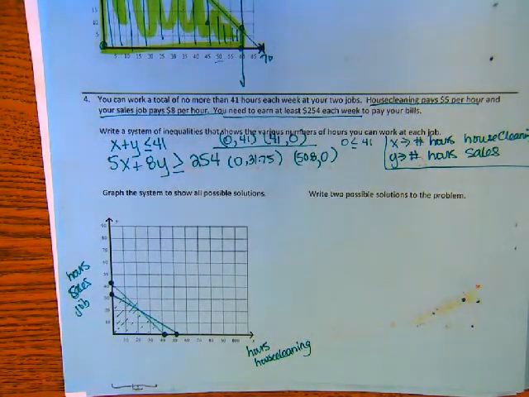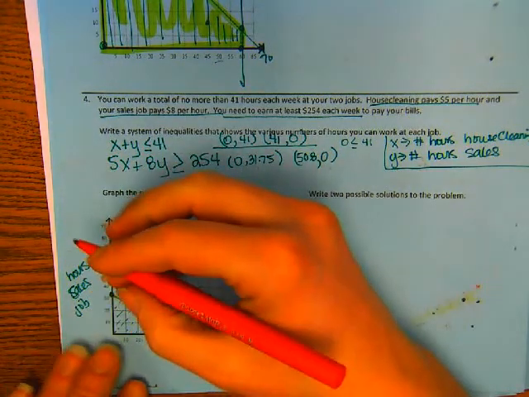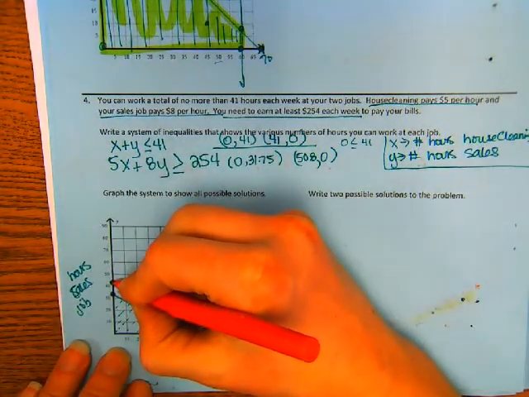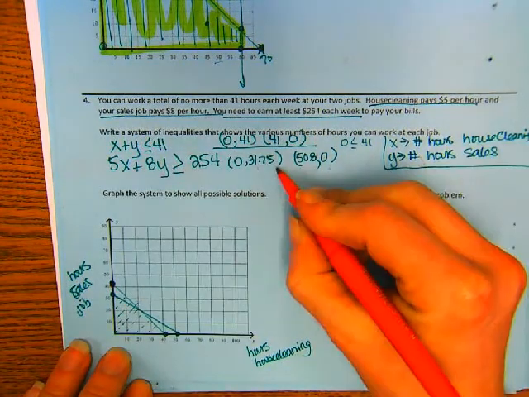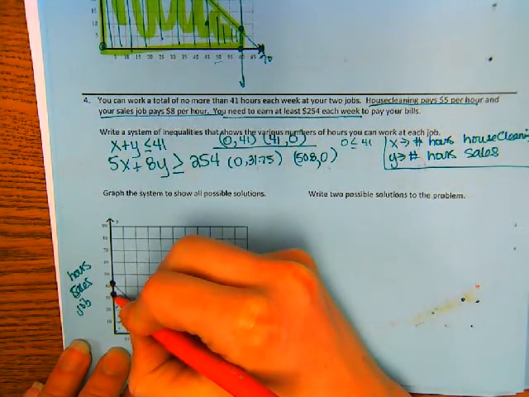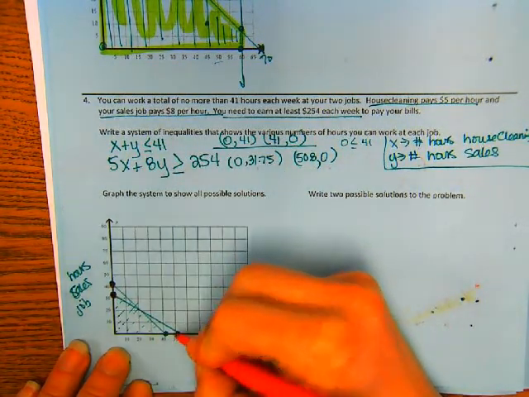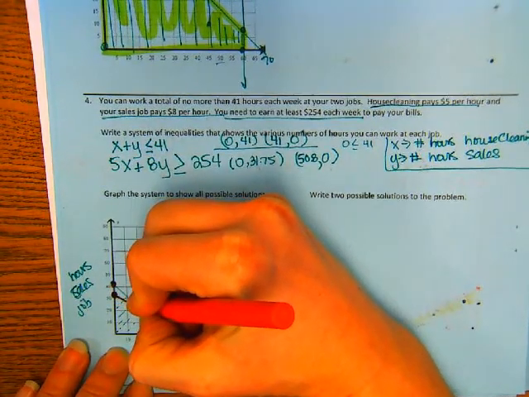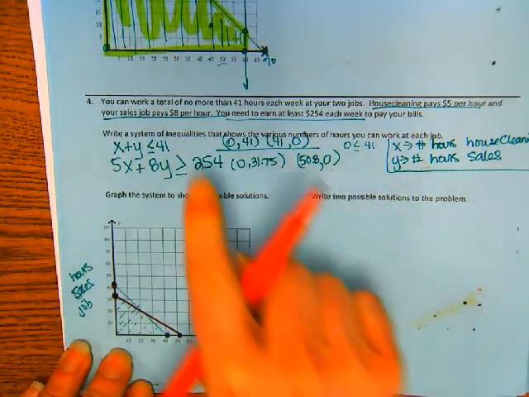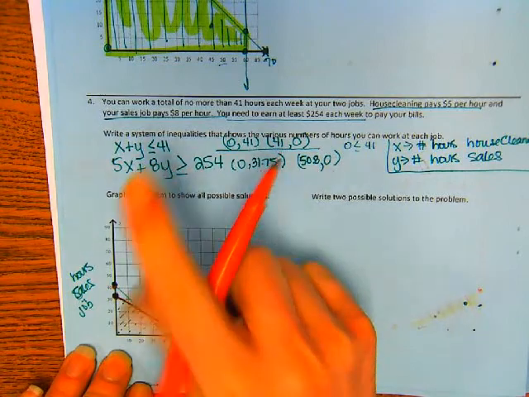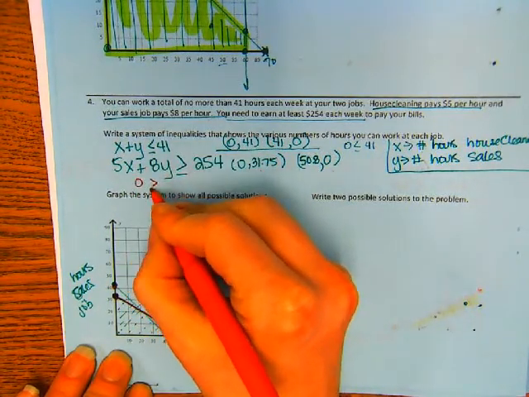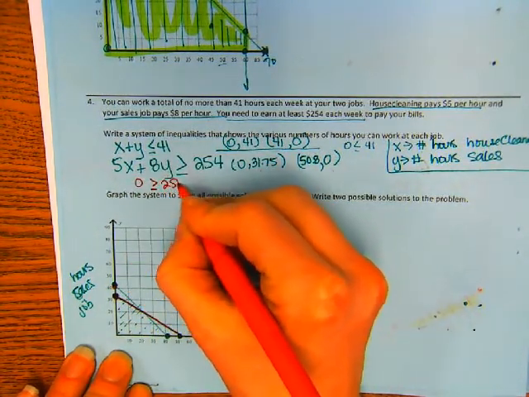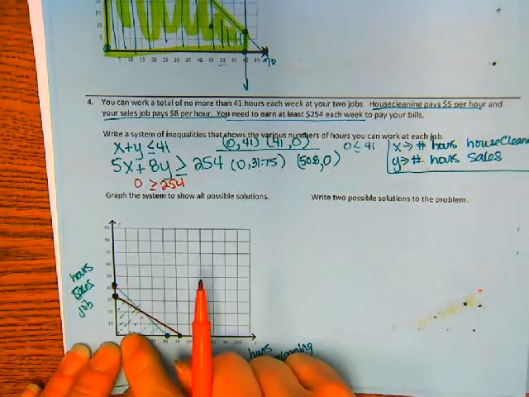Okay. So now I'm going to do that in a different color so you can clearly see which is which. This is the second one I drew, okay? Because, nope, it was this one, sorry. To 50.8. Alright, so if I put 0, 0 in, 0 is not greater than or equal to 254.